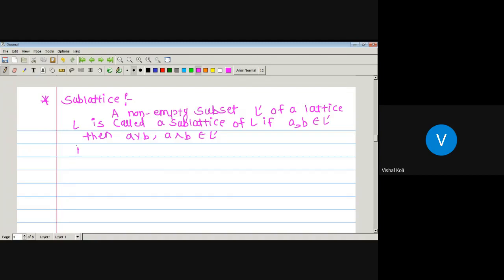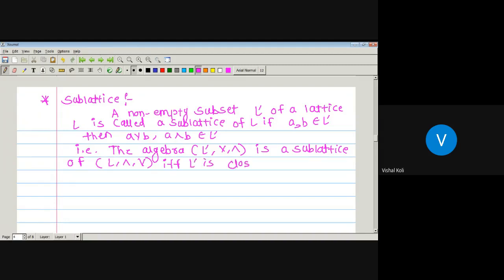That is, the algebra L dash with operations join and meet is a sublattice of L if and only if L dash is closed under both the operations meet and join.